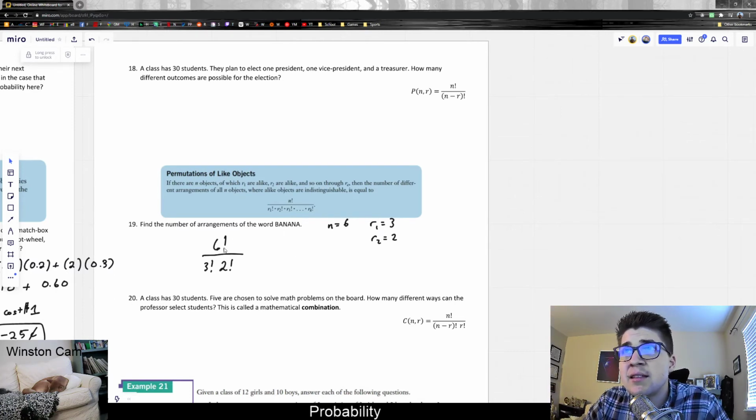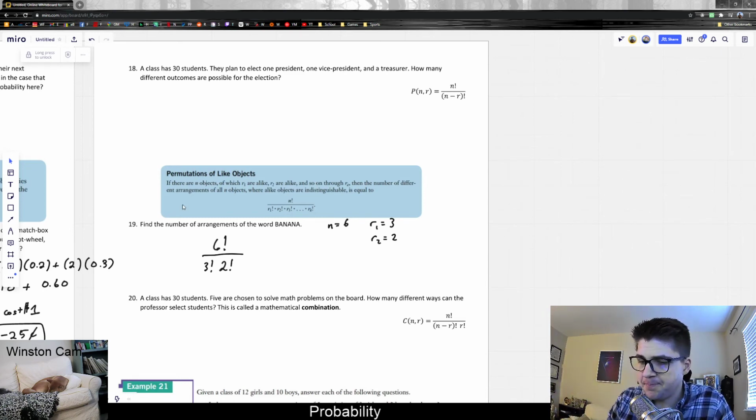So within this raw 6 factorial number of permutations of those 6 letters, all those A's are duplicated 6 times. So we're going to throw out 5 out of 6 of those by dividing by 6. And same thing with the 2 factorial, since there are 2 duplicated N's, the duplication of them would be treated as unique permutations, so we want to divide away by that. That's sort of how I remember this idea and why this formula makes sense.